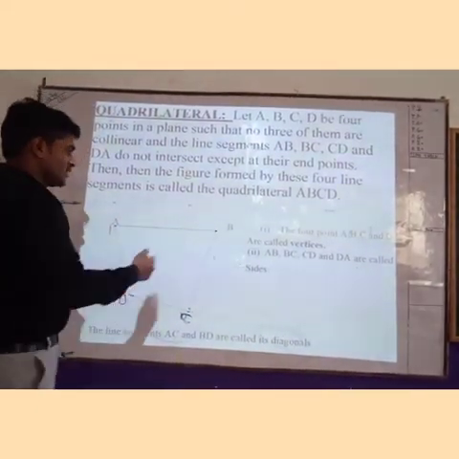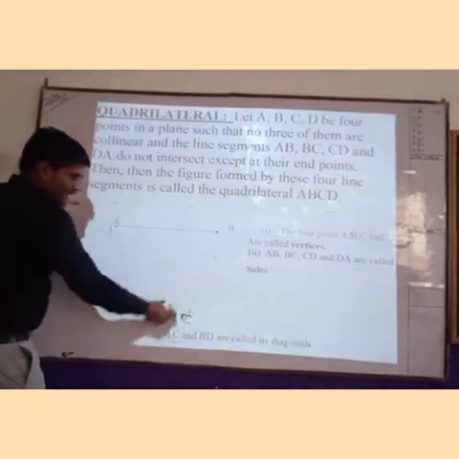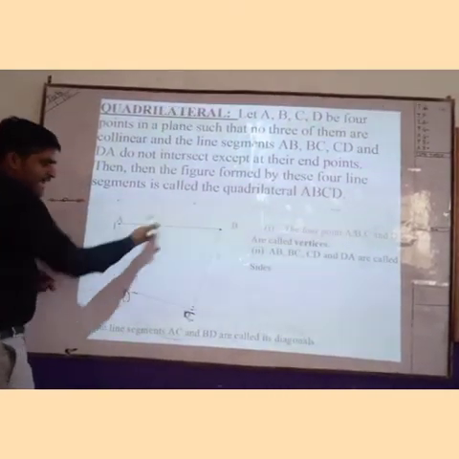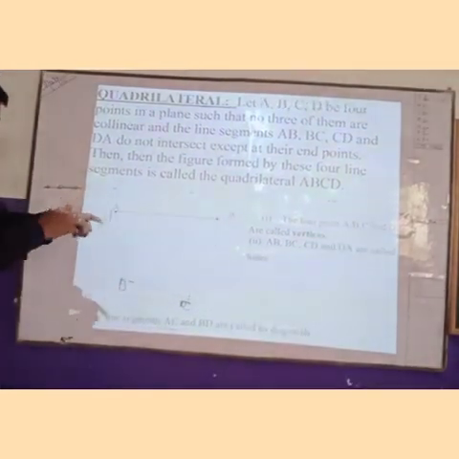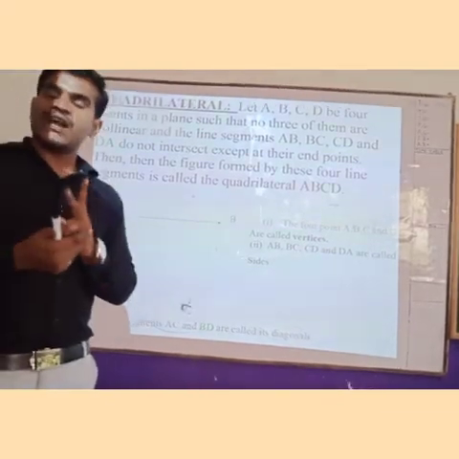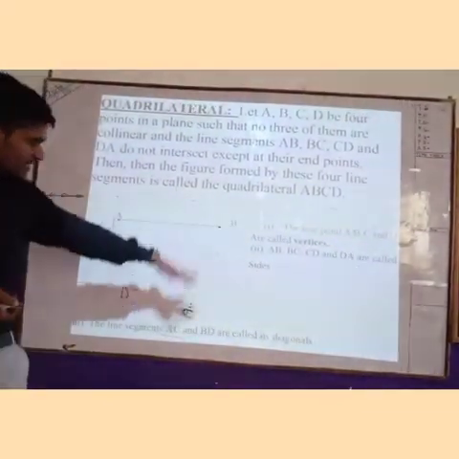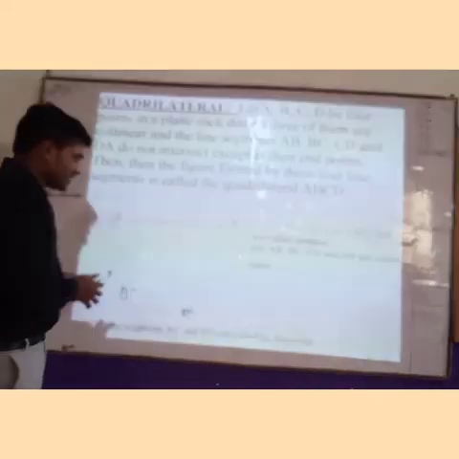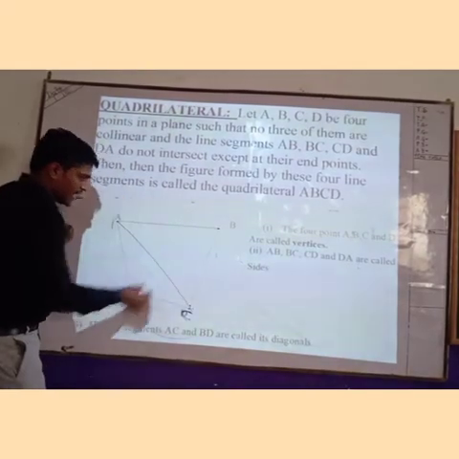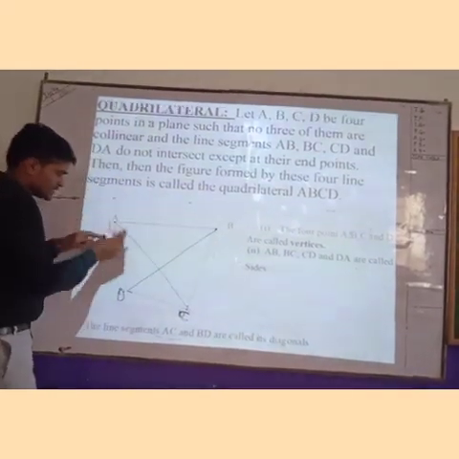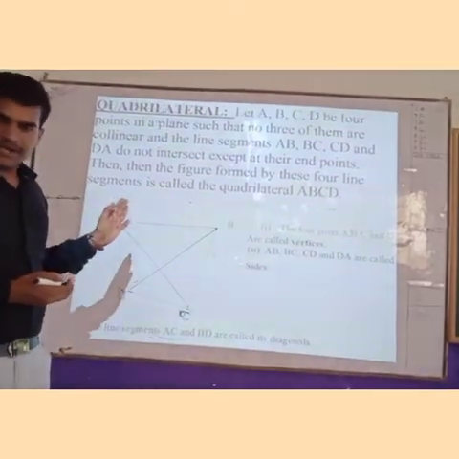Now children, AB, BC, CD, and DA are the 4 sides of the quadrilateral, and a quadrilateral has 2 diagonals, AC and BD.